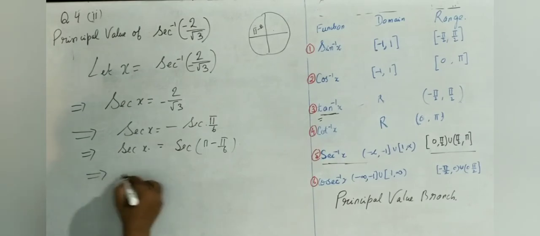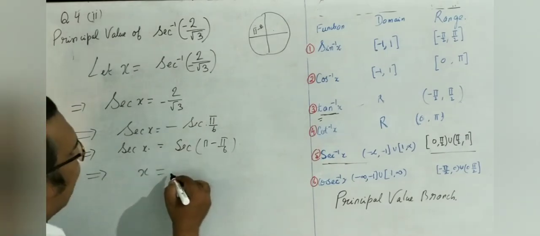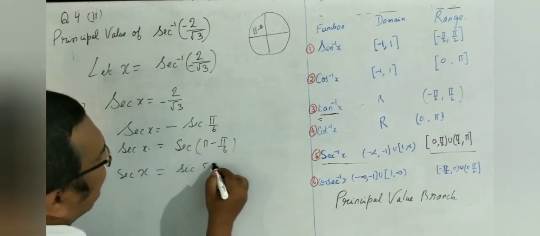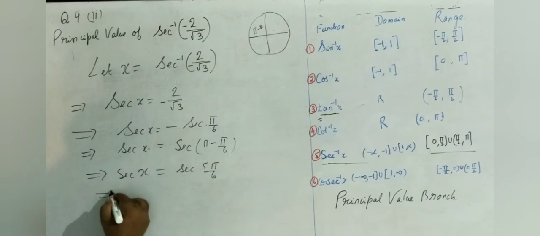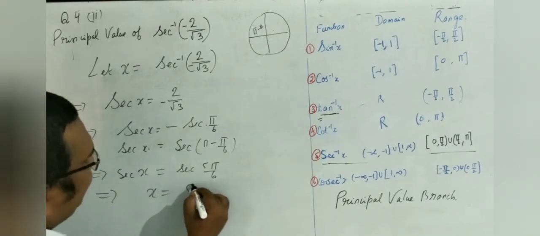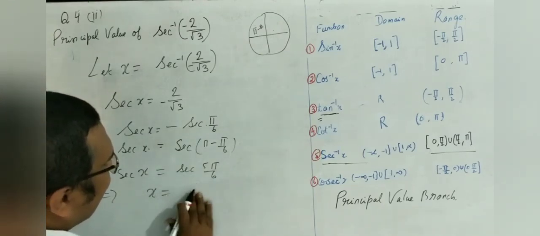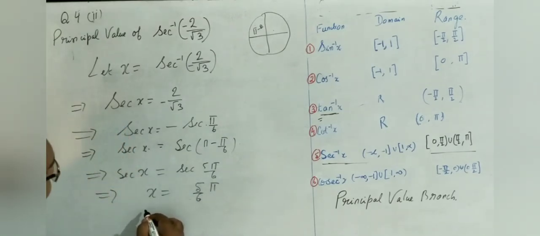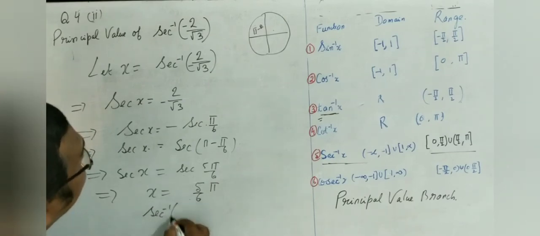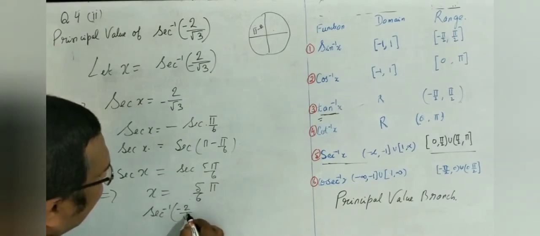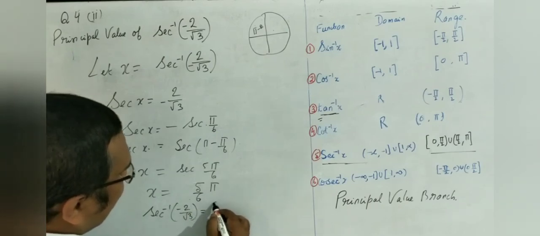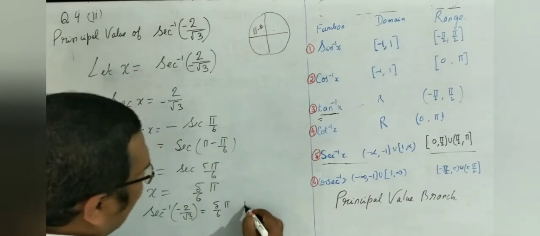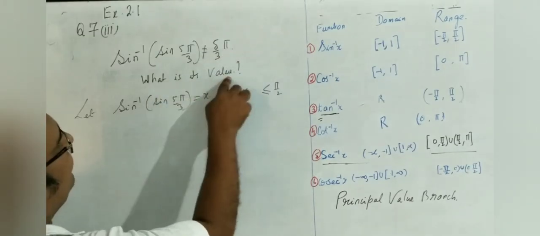And therefore we get x as, one more step, x is equal to 5 pi by 6. Or we can write the principal value, this is the answer.